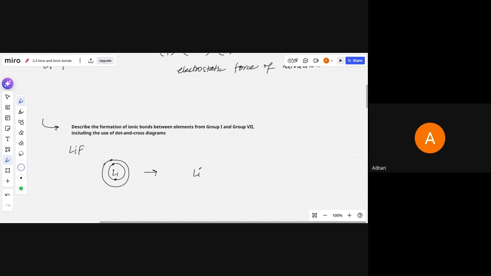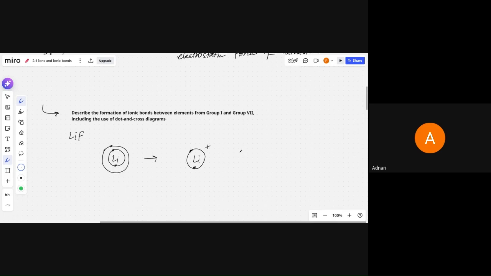It will turn into a positive ion with only two electrons now, but with a full outer shell, right? So this will be lithium positive. Now this is an ion, a cation, with a positive charge.